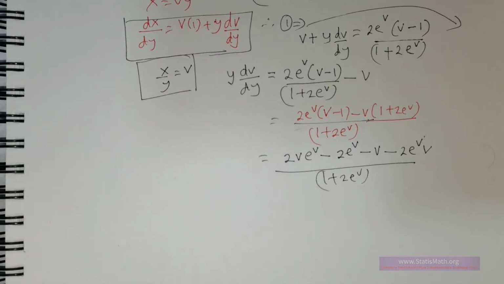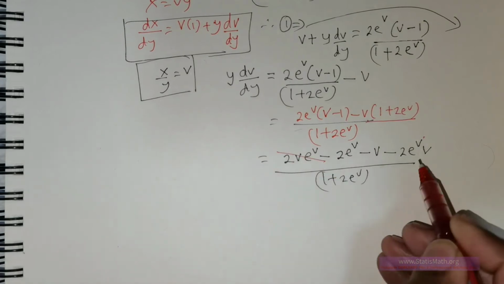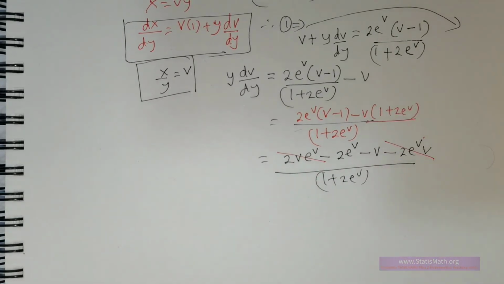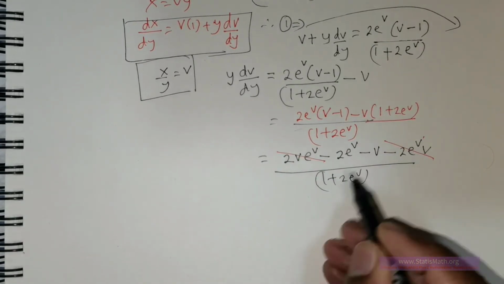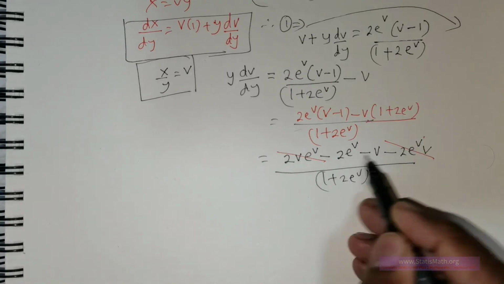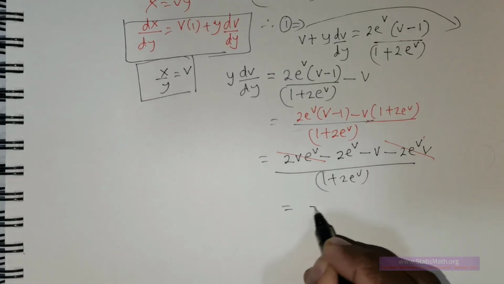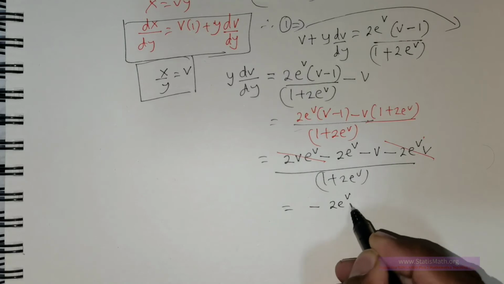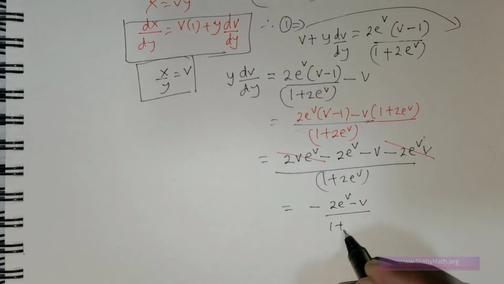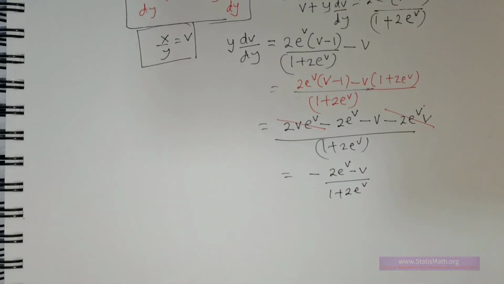Now clearly, if you can see here, 2v e^v and negative 2v e^v can be cancelled. These two terms can be cancelled. So this is going to be negative 2e^v minus v divided by 1 + 2e^v.